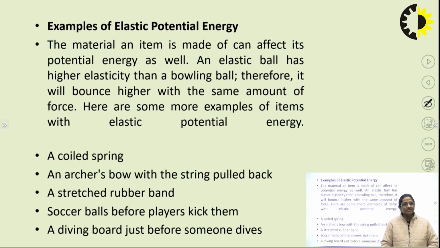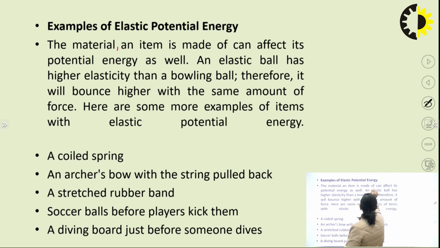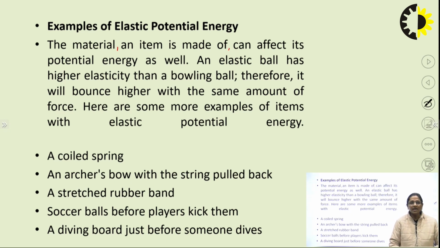Let us see the examples of elastic potential energy as well. The material an item is made of can affect its potential energy as well. For example, an elastic ball has higher elasticity than a bowling ball. Therefore, it will bounce higher with the same amount of force.